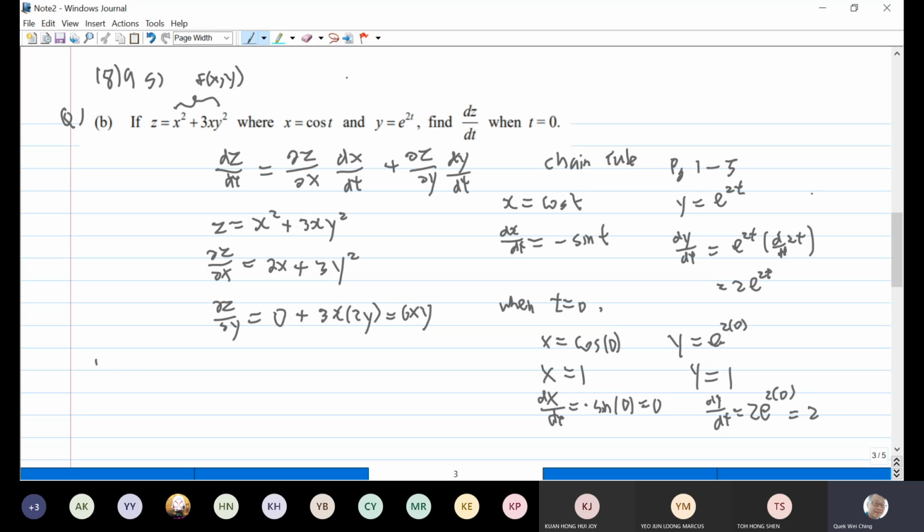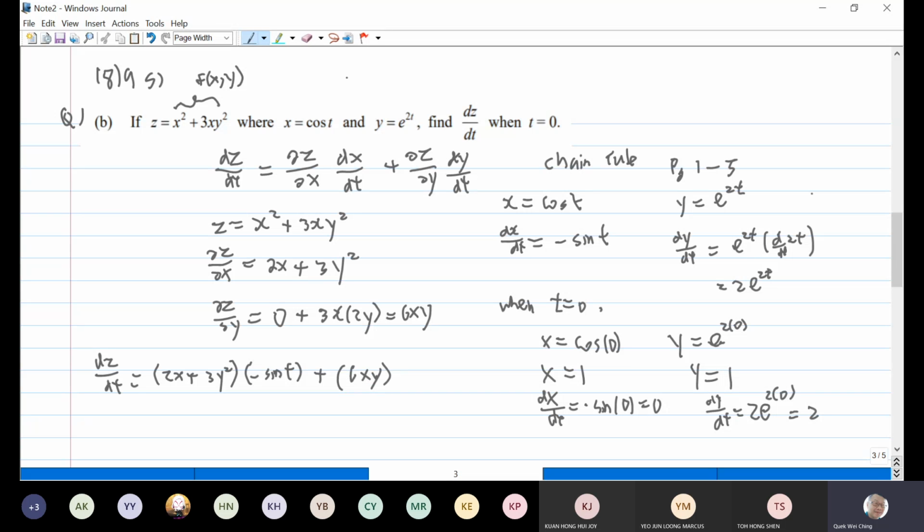dz dt is equal to, okay, partial differentiation with respect to x, which is 2x plus 3y squared. Then dx dt is minus sin t, plus dz dy is actually 6xy.